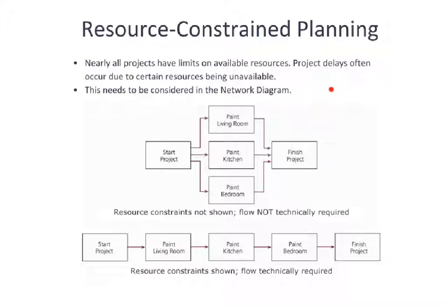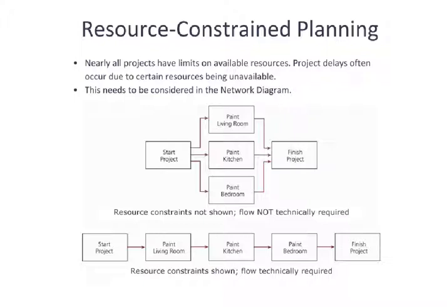Back to this first bullet point up here, project delays occur when the resources aren't available. You can't do the activities on the network diagram if you don't have the resources required to actually execute them. And therefore, the network diagram has to be designed with those limitations in mind.